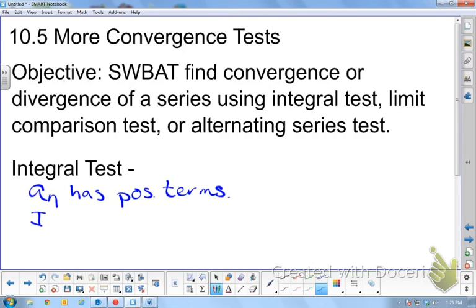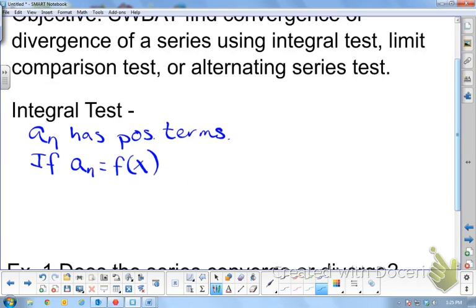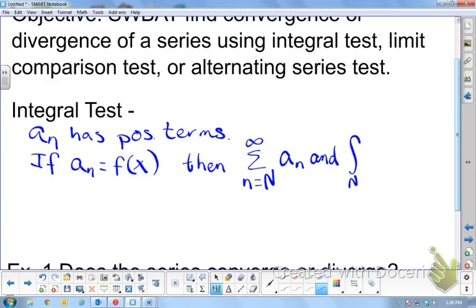If a sub n equals f of x, if I treat my series, or my sequence, series is the adding part, sequence is what you're adding, if I treat that as a function, then the series, n equals capital N to say it doesn't have to start at 1, doesn't have to start at 0, just can start at an integer of some sort, a sub n, and the integral starting at that same integer to infinity of the function both converge or diverge.